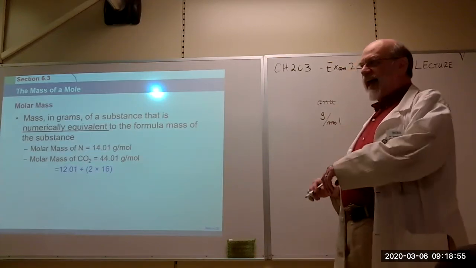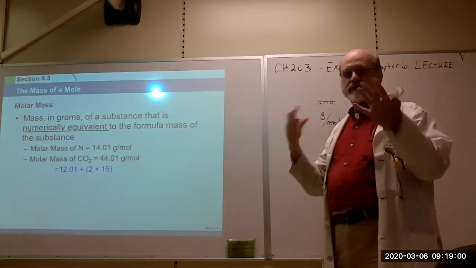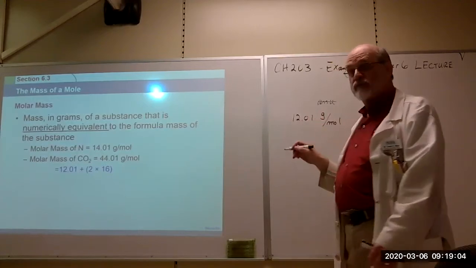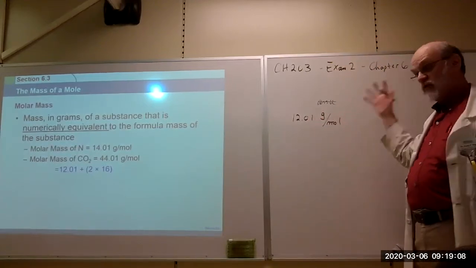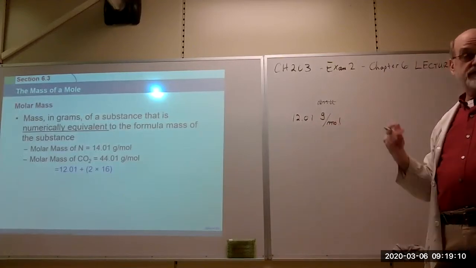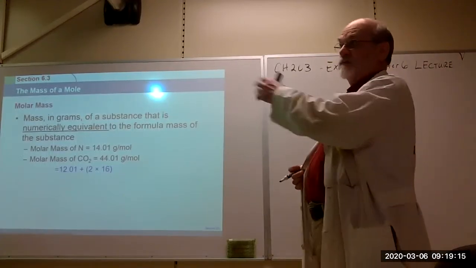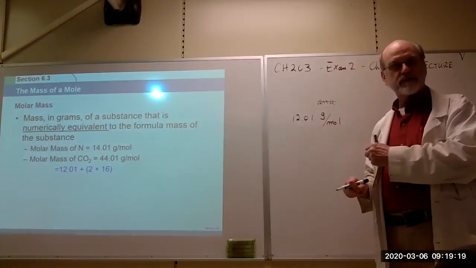So the average value, the weighted average for carbon, including all of its isotopes, would be 12.01 grams per mole. Instead of atomic mass units, it's just grams. So that's nice, right? It can mean atomic mass units, it can mean grams. As long as you have 1 mole of them, it equals grams.